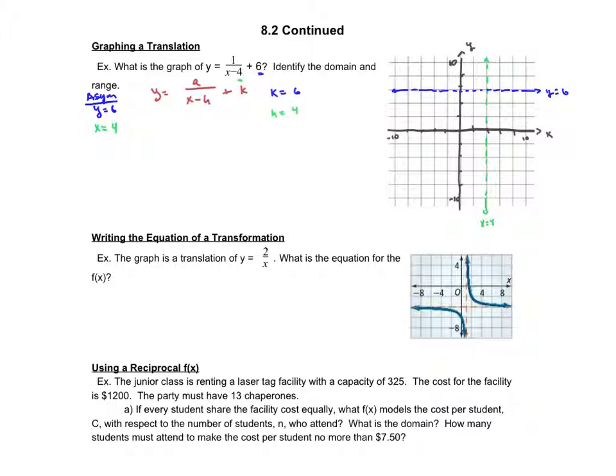A is the value of 1 here, so it hasn't been stretched or compressed, so I could just plug in some numbers and get some numbers out of it. But I do know, let's just identify this real quick, up 6 units. And then, of course, this one is going to be right 4 units.